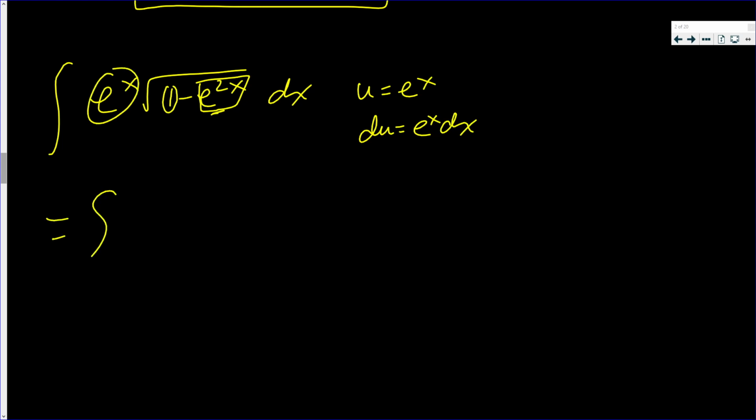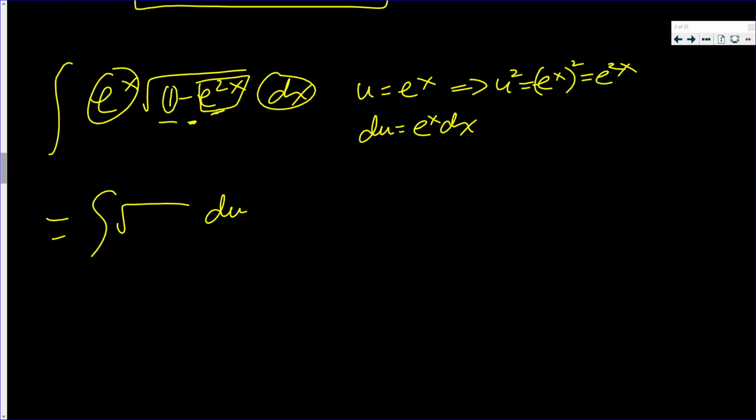So e to the x times dx, as I said, that's du. And this is going to be 1 minus u squared, because u squared will be e to the x squared, which is e to the 2x. So I get the square root of 1 minus u squared du.